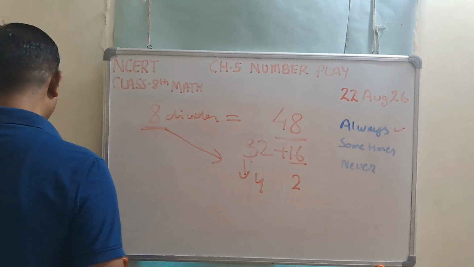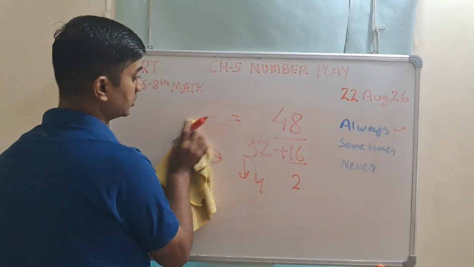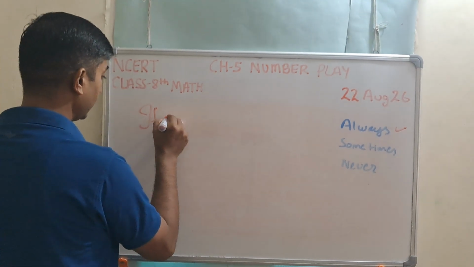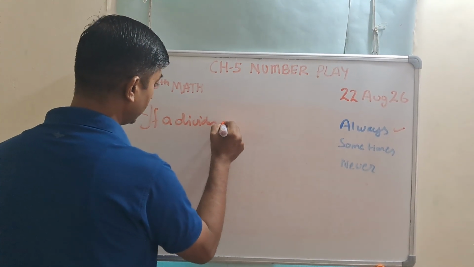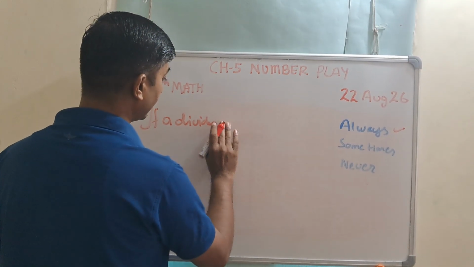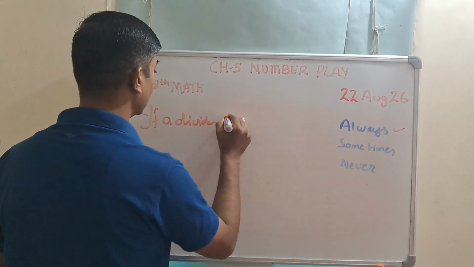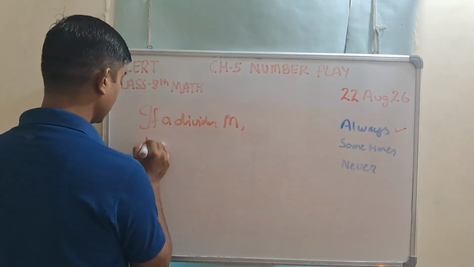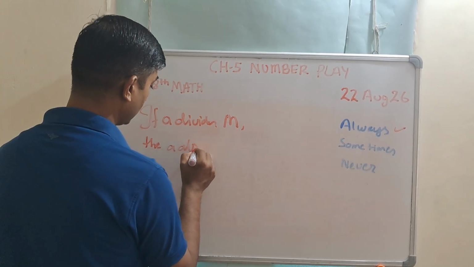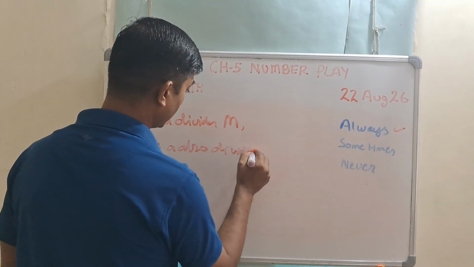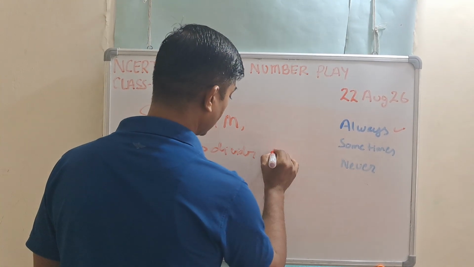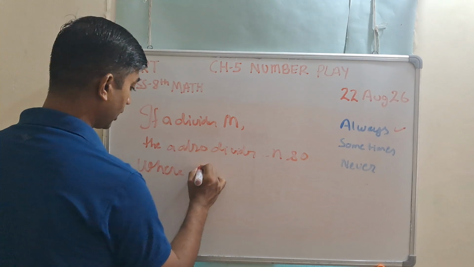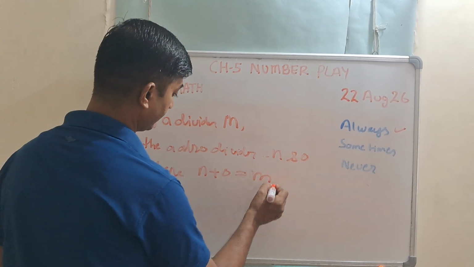So in the general statement, if we say that if a divides m, then a also divides n and o, where n plus o is equal to m.